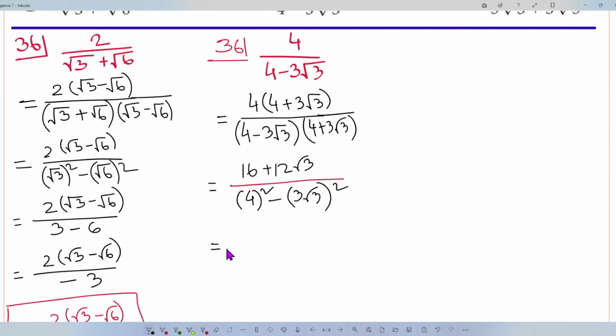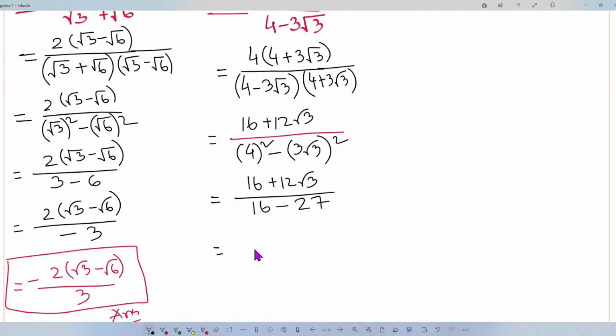Okay, next here 16 plus 12 root 3, 4 square means 16 minus 3 square means 9 and root 3 square means 3, so 9 times 3 is 27.